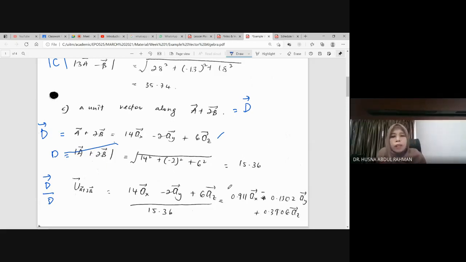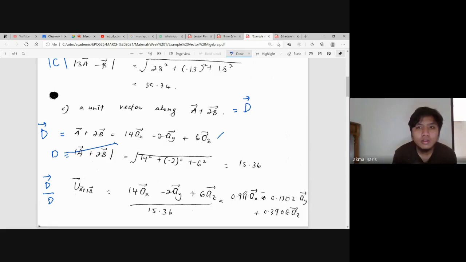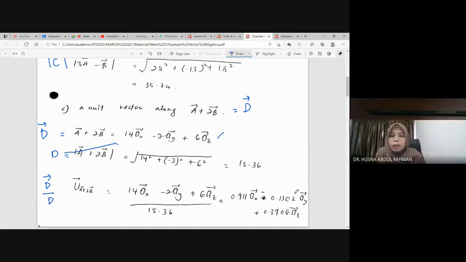If you want to prove, is this a unit vector? How do you prove your answer is correct? How do you prove this is really a unit vector? You find its magnitude. How do you find the magnitude of this vector? Same as before: you square the components x, y, and z.